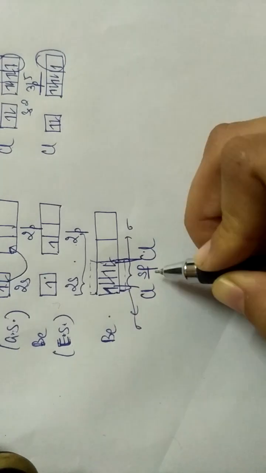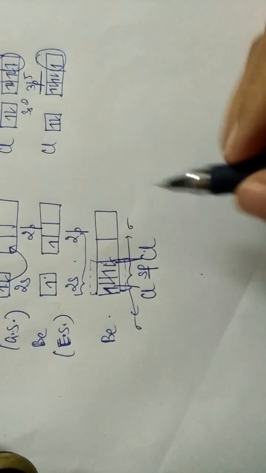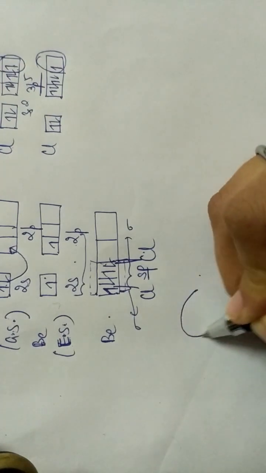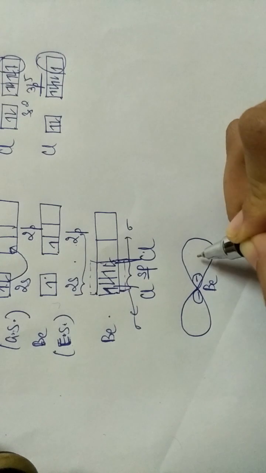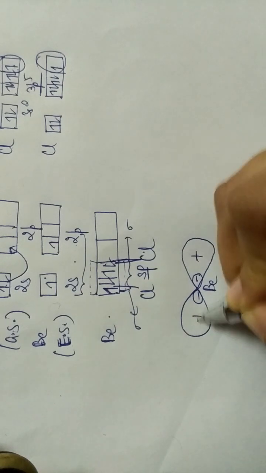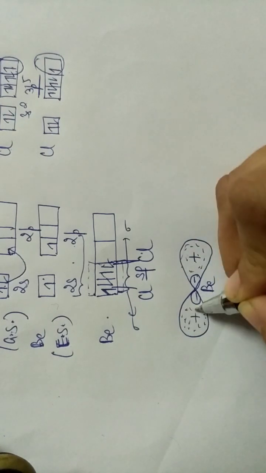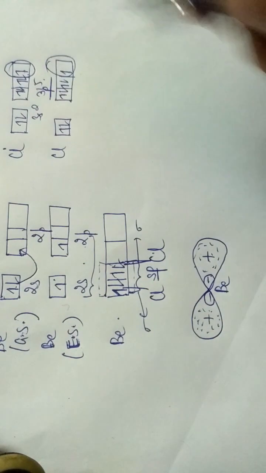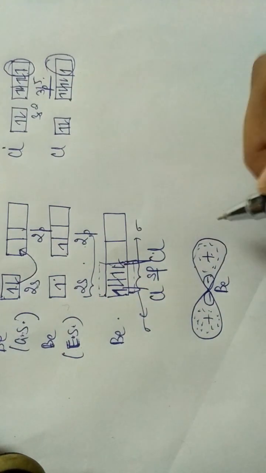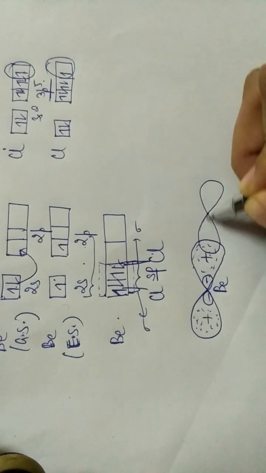Now we have sp hybridization. As we have seen earlier, for sp hybridization the orbital diagram is this, for beryllium. Now chlorine is using its p orbital. We can draw the p orbital, which is dumbbell shaped, like this.